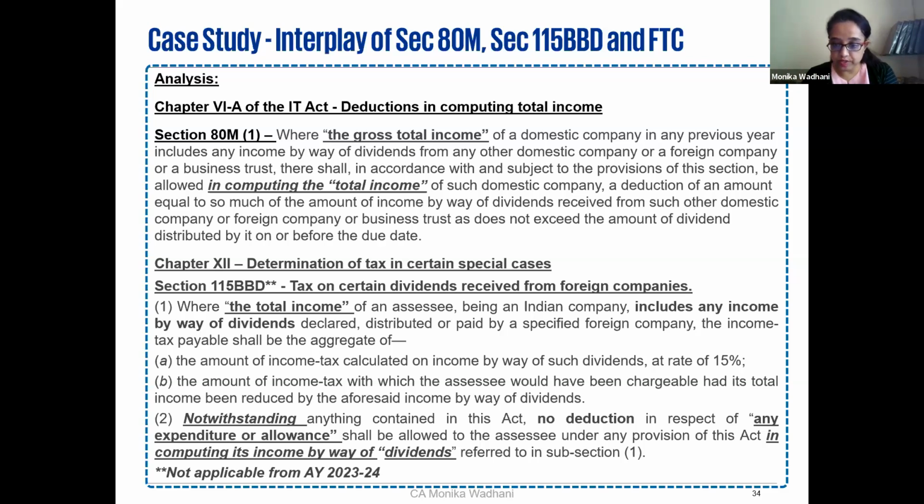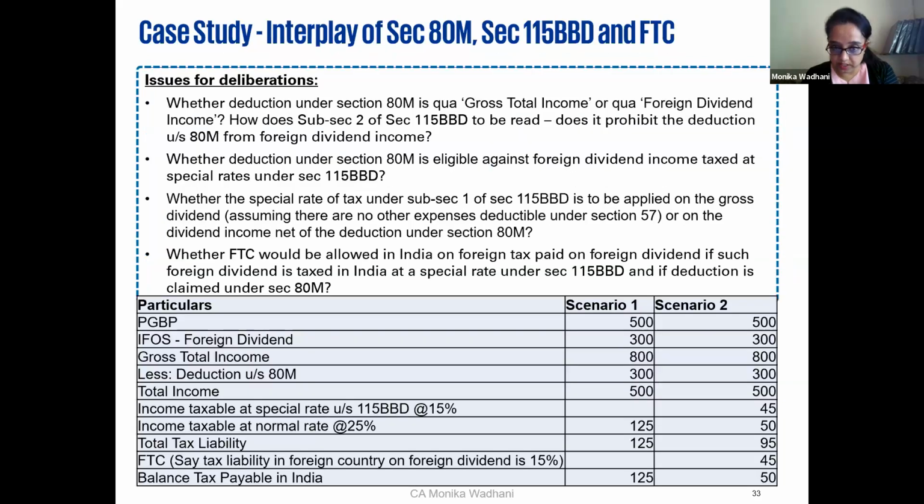So friends, the controversy now, if we can understand with the example of the table, is that, say under scenario 1, profits and gains of business and profession in the hands of an assessee is say 500. Under the head IFOS, that is income from other sources, foreign dividend income is say 300. So gross total income is say 800.